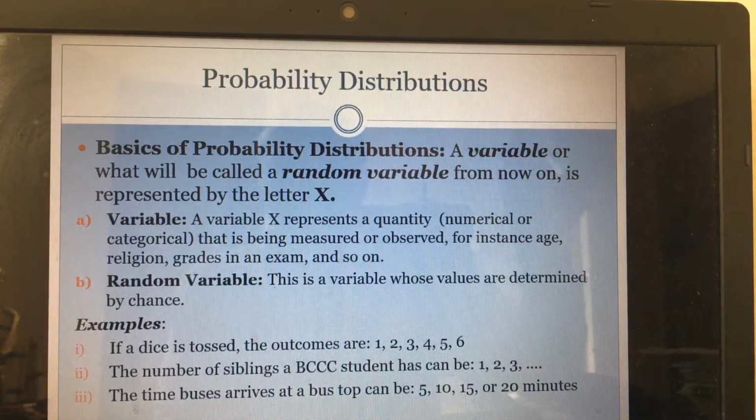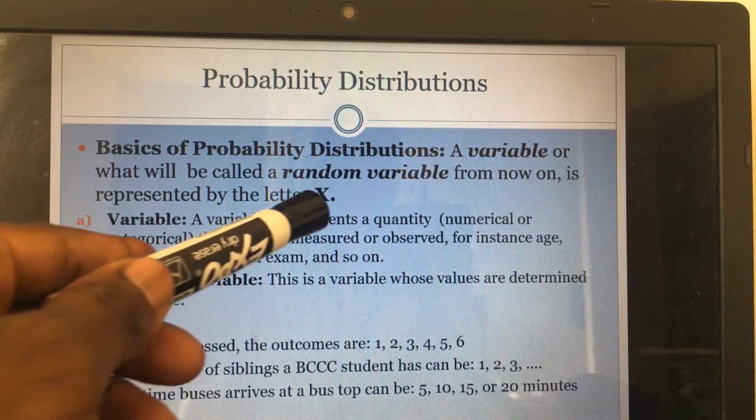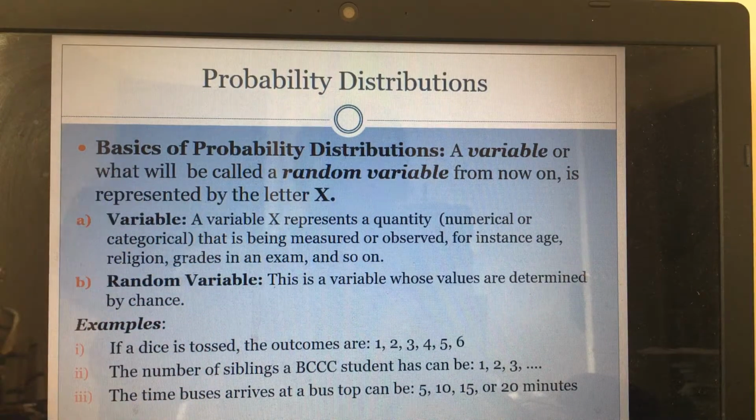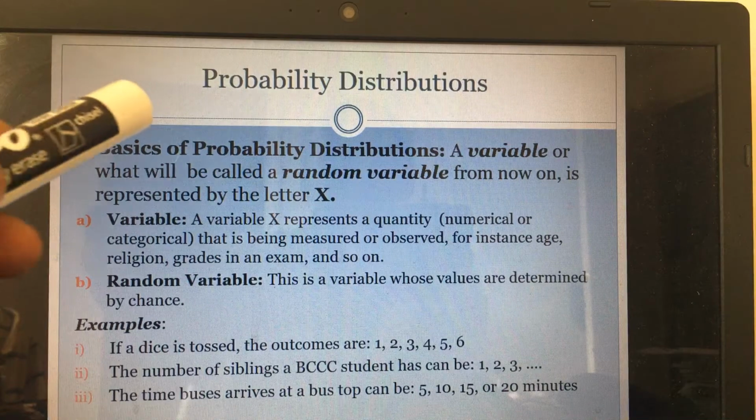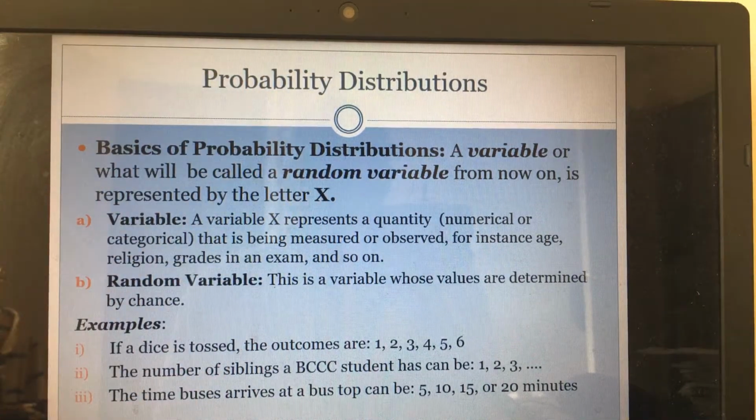Any variable, anything that is being measured, any quantity that is being measured is called a variable. And we use X to represent it whenever we are doing a problem that involves probability distribution. We use X to represent the variable.